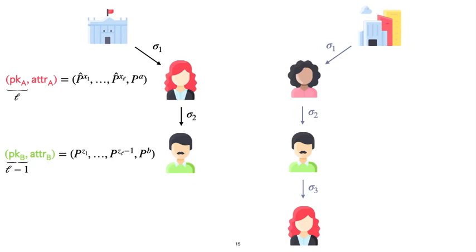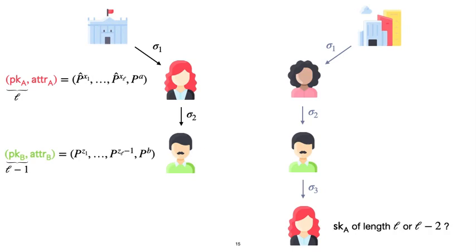This also means that Alice's secret key is of length L and Bob's secret key is of length L minus 1, just the discrete logs. Now, if Bob has a credential under a different CA, let's say just for simplicity he's at the same level, then he can also issue a credential to Alice, and now she's at level 3. So what does this mean? Her secret key was of length L, but now it has to be of length L minus 2.